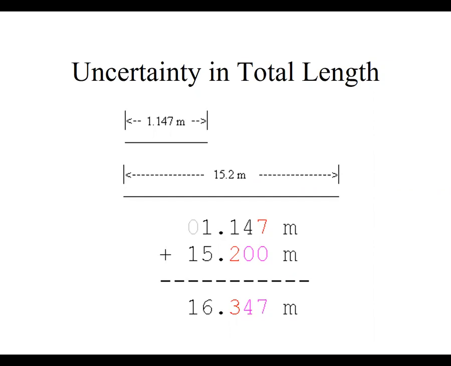Well, remember, we're allowed to carry one uncertain digit, but no more. So we can carry all the black digits because they're known with certainty, and we can carry one digit that is in color. And of course, that'll be a red digit because it can be reasonably estimated, and we have to throw away the purple digits, which have no information at all.